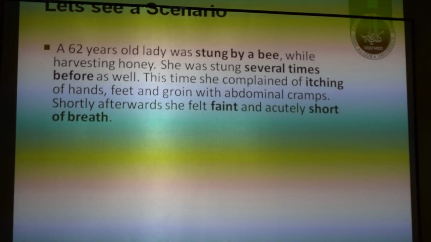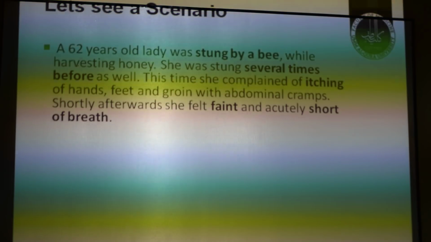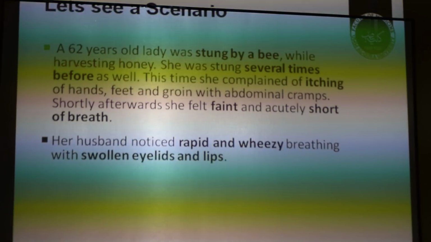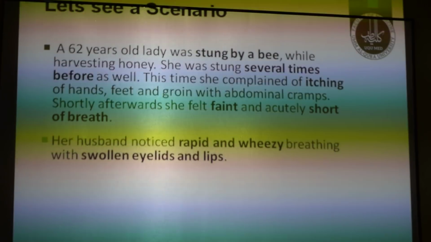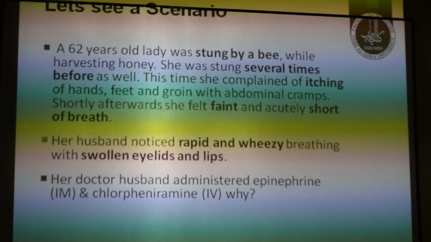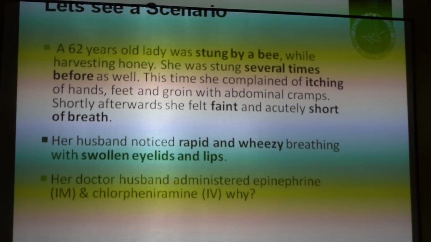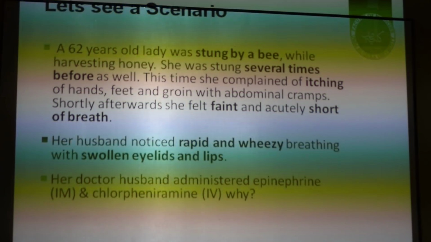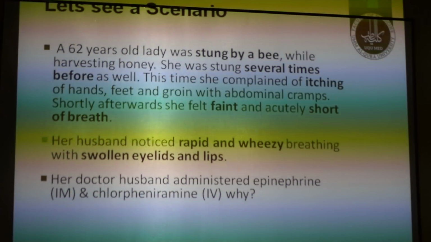Vasodilatation and bronchoconstriction. Her husband noticed rapid and wheezy breathing with swollen eyelids and lips. Her doctor husband administered epinephrine intramuscularly and chlorpheniramine intravenously. Why? What could be the possible reason?